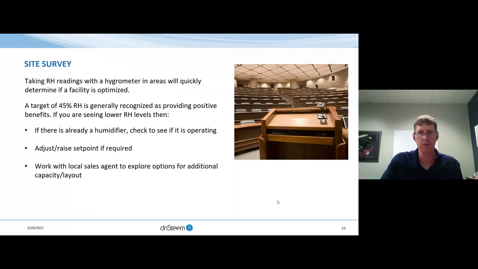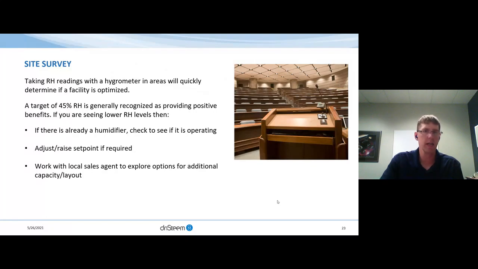In winter conditions, am I still in that acceptable range, or am I dropping below 40% into that 20 to 30%? Getting an idea where you're at helps guide the decisions going forward.